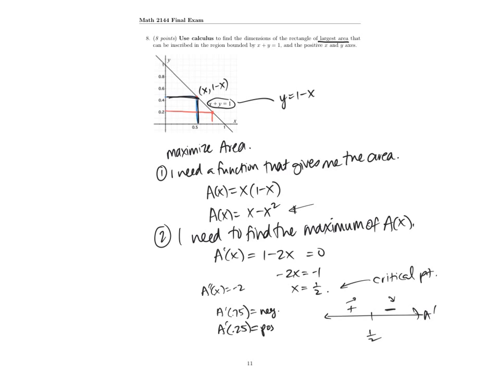And so the x coordinate is 1/2, and the y coordinate that goes with that equals 1 minus 1/2, which is 1/2. And so the dimensions of the rectangle are 1/2 by 1/2.